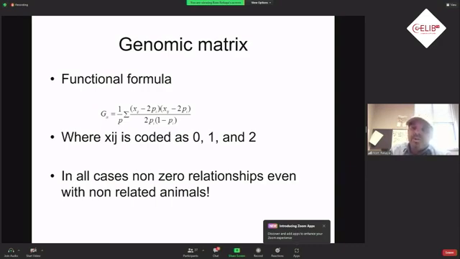Two animals will share the same alleles at one position of the genome not due to identity by descent, not because they inherited from a common ancestor, but because it happens to be segregating in the population. And that creates that relationship where two individuals have the same genotype for a SNP, not because the alleles on those positions were inherited from a common ancestor, but rather because those alleles exist in the population.